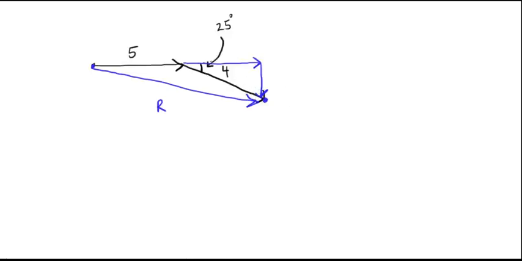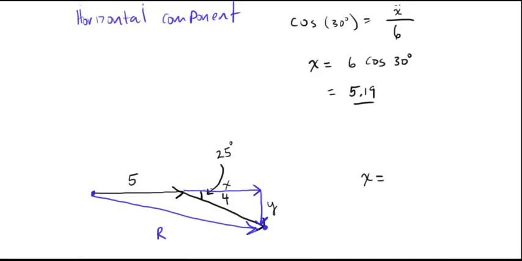I'll say that this piece right here, the easterly component, I'll call X, and the south component I'll call Y. I'm going to skip a step here, I'm doing the same thing I did up here, right? Cosine of the angle, and I'm going to say that X equals 4 cosine 25, like I did up here. This was 6 cosine 30, now I'm doing 4 cosine 25, and I'm going to say Y, I'm going to use the sine, is 4 sine 25.